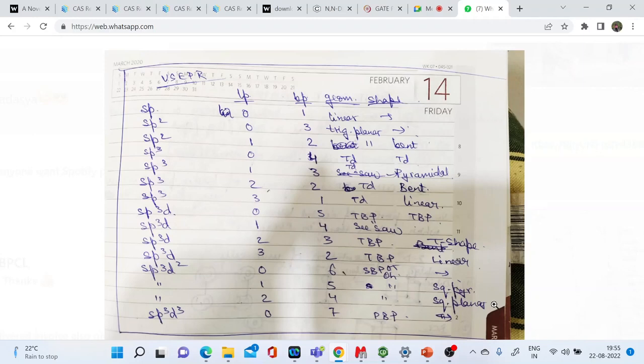Now I'm asking for option D, where the shape is given as pentagonal. Okay, so what would have happened?